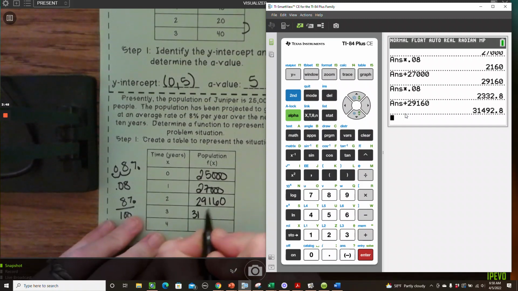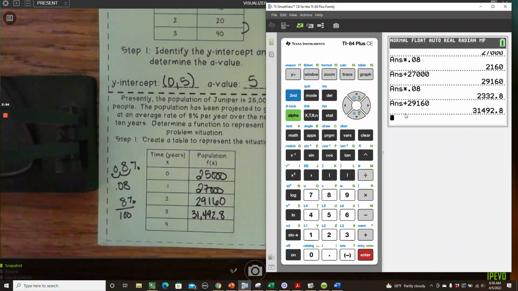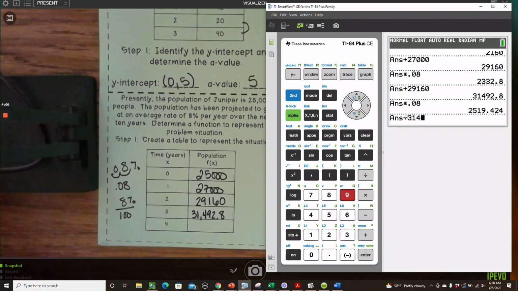So 31,492.8, and I would multiply that times 8% and add 31,492.8.